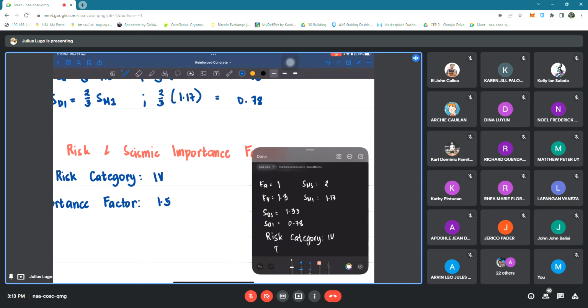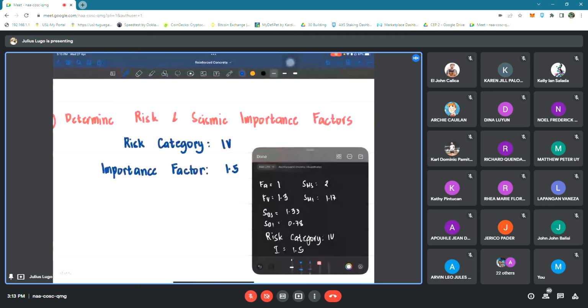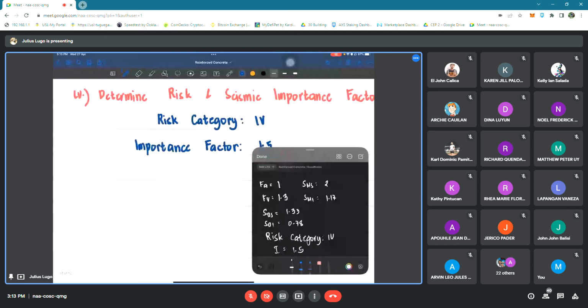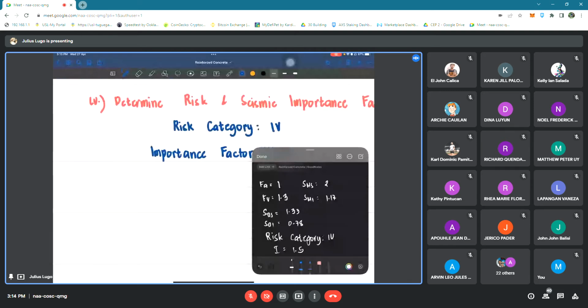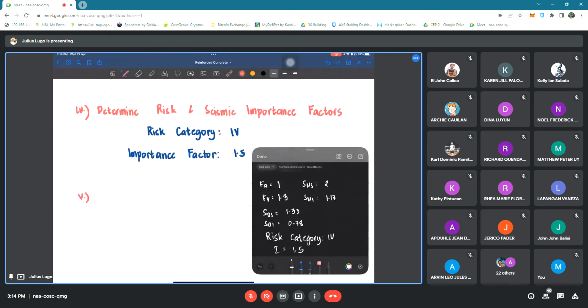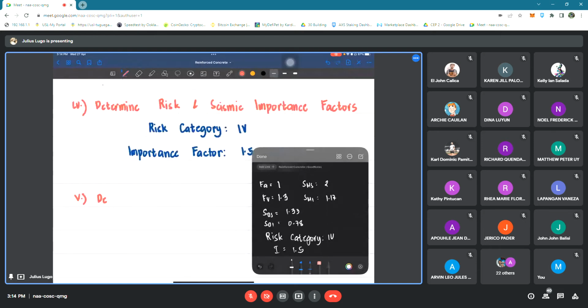And then this is importance factor equal to 1.5. Okay. So we now have identified the risk category and the importance factor. Let's proceed to the next step. The next step is actually to determine the seismic design category or your SDC.